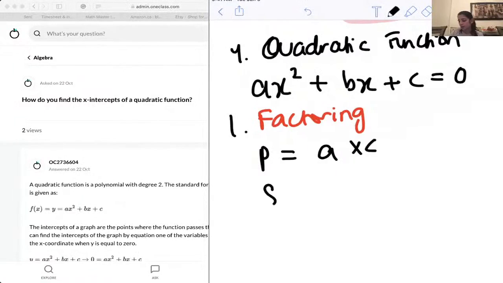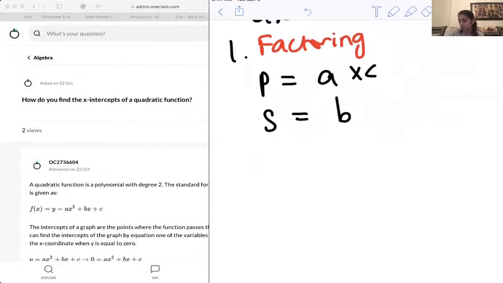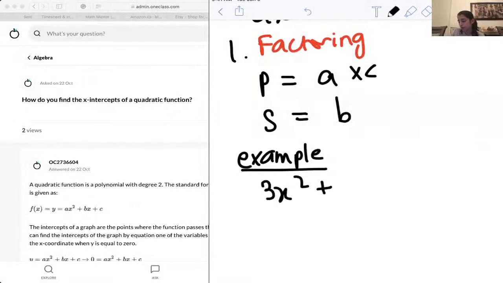And the sum of B. So for example, we have 3x squared plus 5x plus 7.